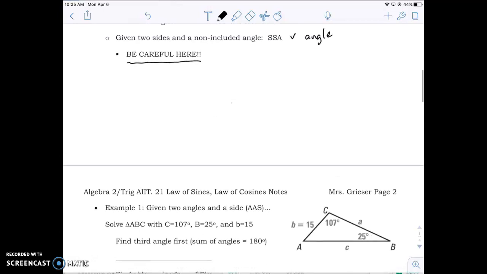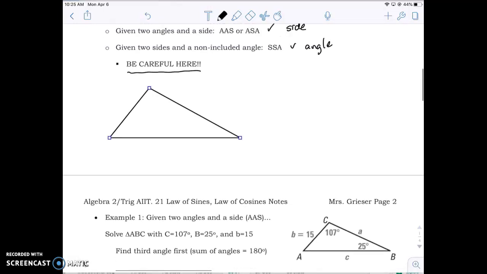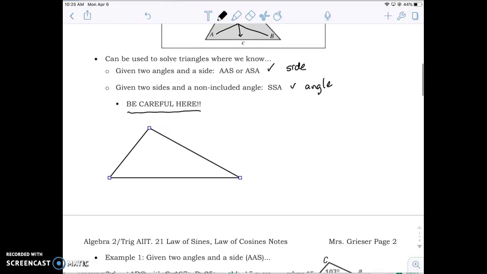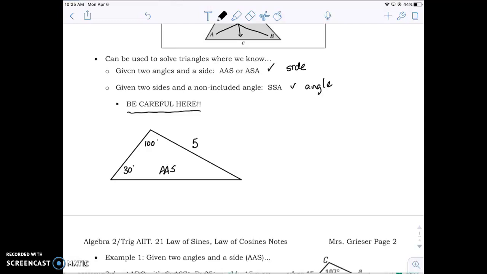All right, so let's look at a scenario. Let's look at a triangle that's not a right triangle. And let's say I have 30 degrees and I have 100 degrees and then I have 5. So the question is, do I have two angles and a side, or two sides and an angle? This is two angles and a side. Very good.